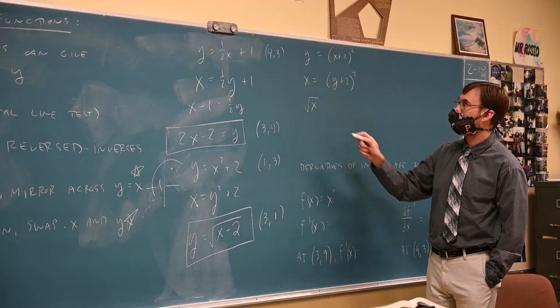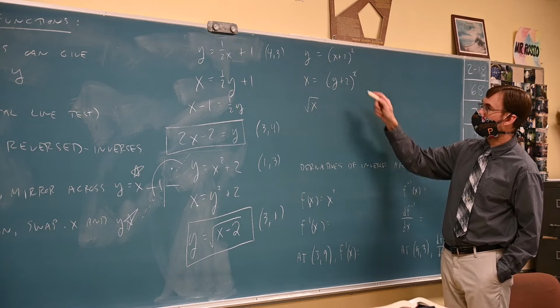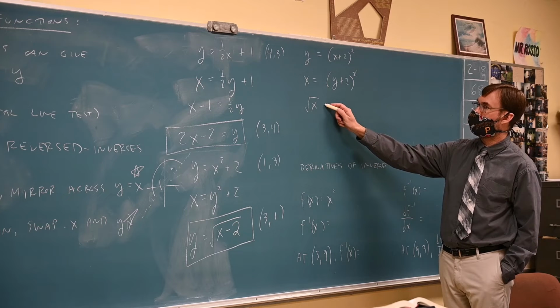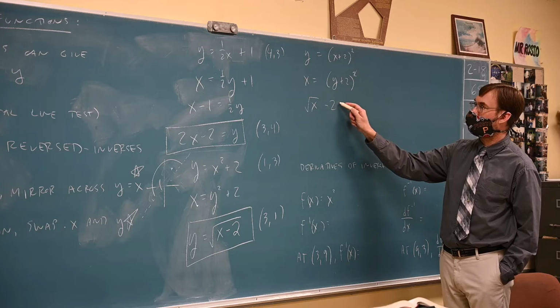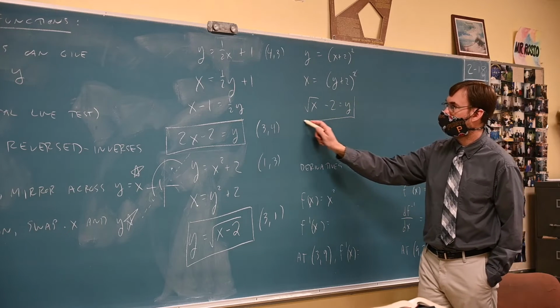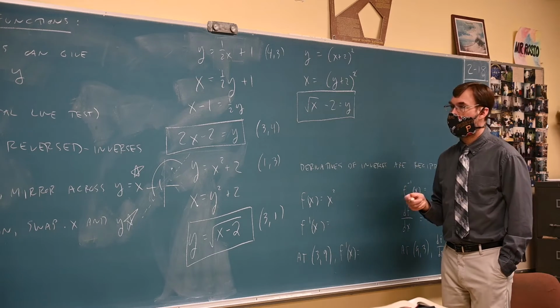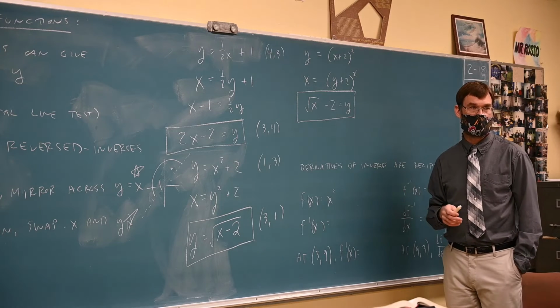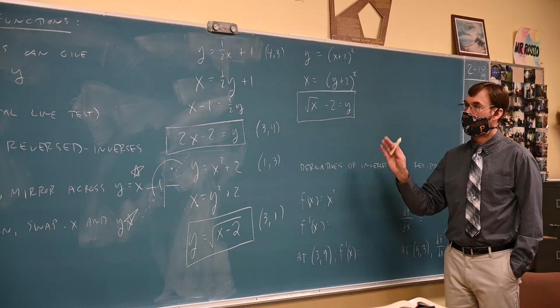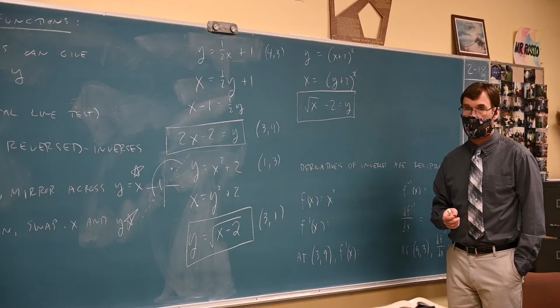Square root the x. That would get rid of the square. And then you'd have to subtract 2. And now the y would be alone. And I could plug in numbers, but I think you're convinced that that would work. Question about what we did on this?